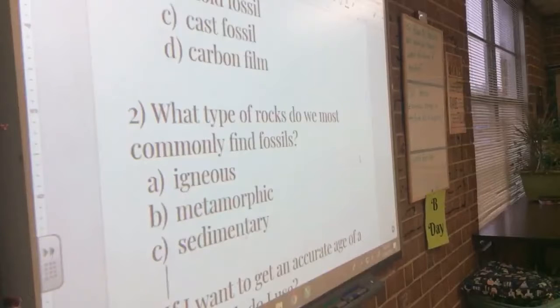Number 2, what type of rocks do we most commonly find fossils? Five seconds.